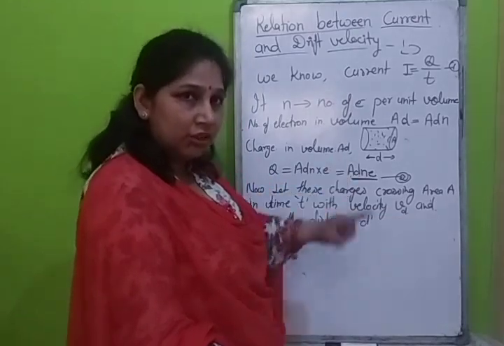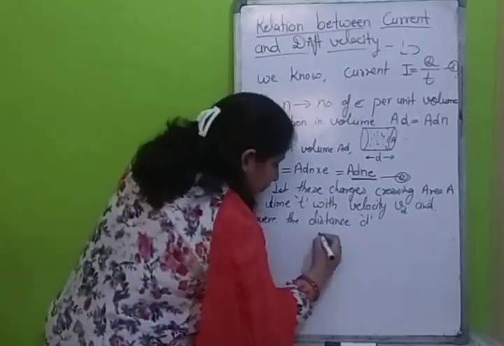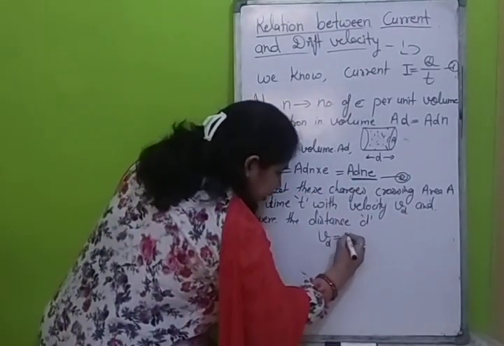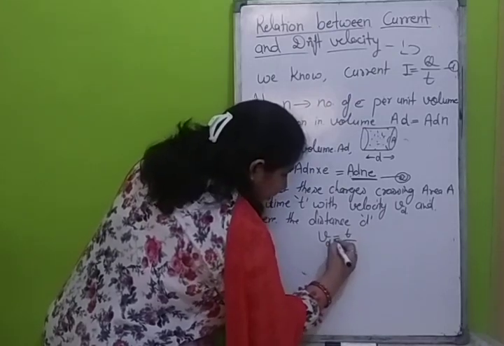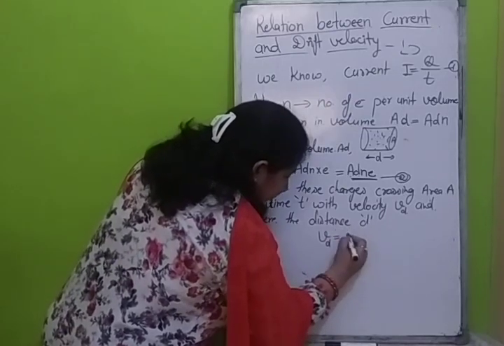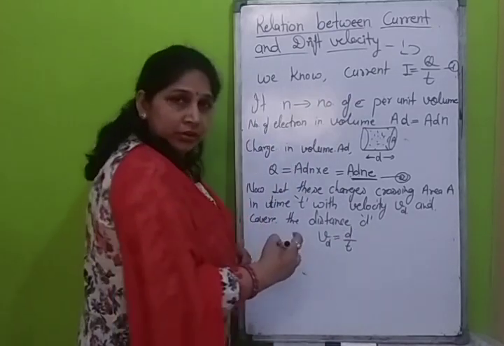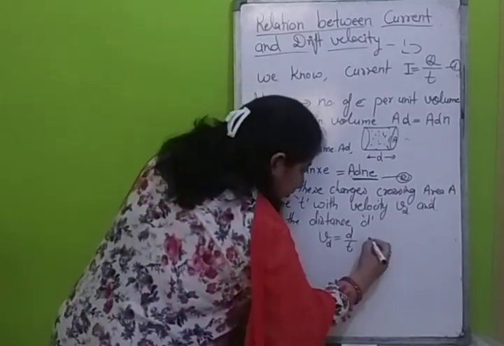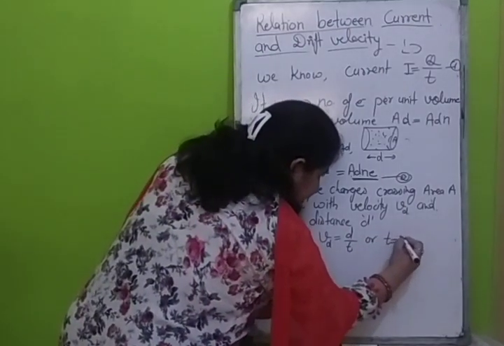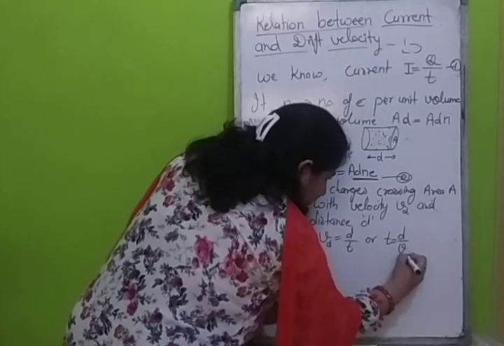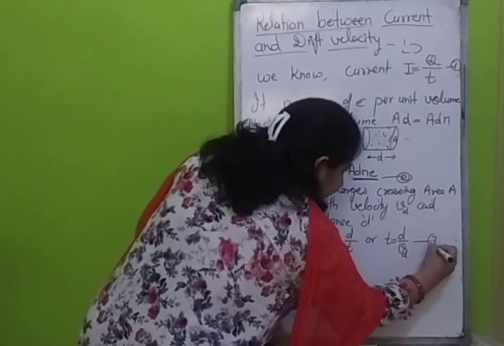What we have? Velocity is equal to distance upon time, means Vd is equal to d upon t. Got it? Now we can write t is equal to d upon Vd. This is the third relation.